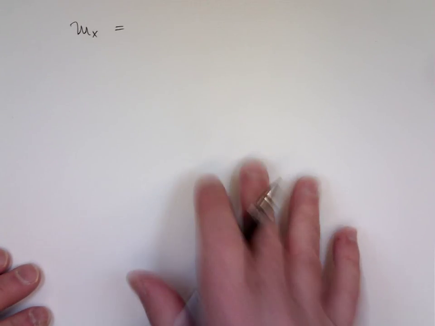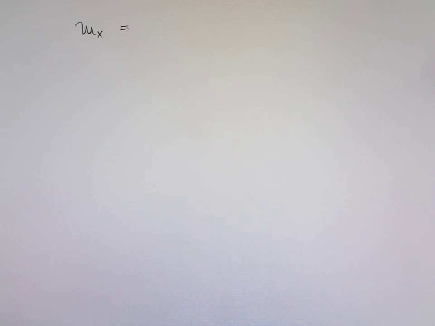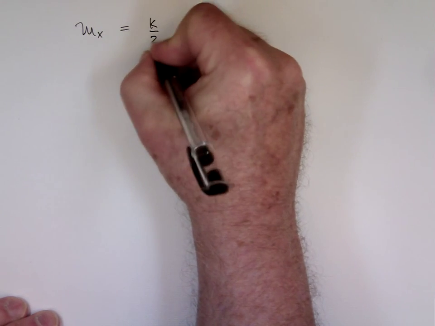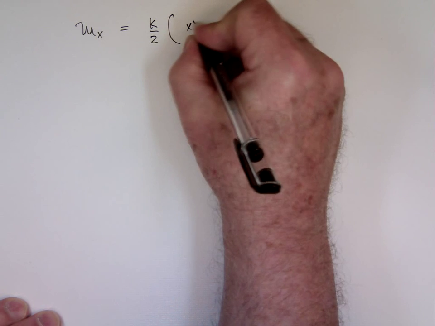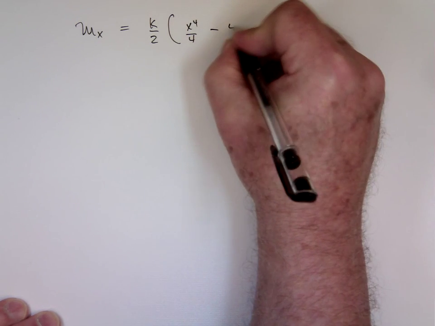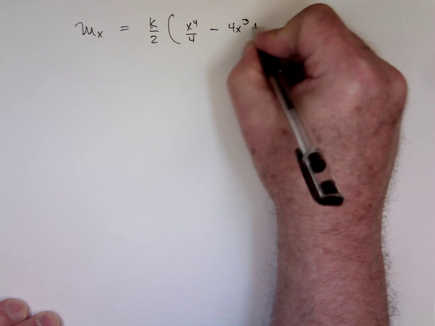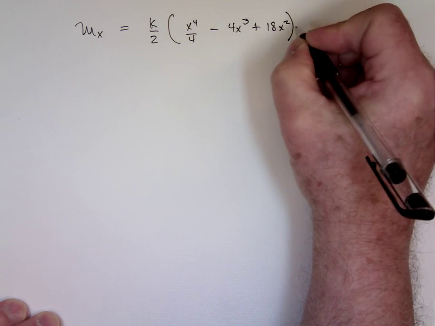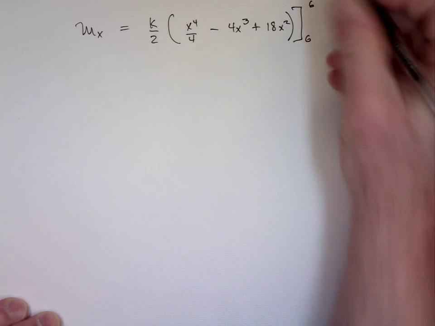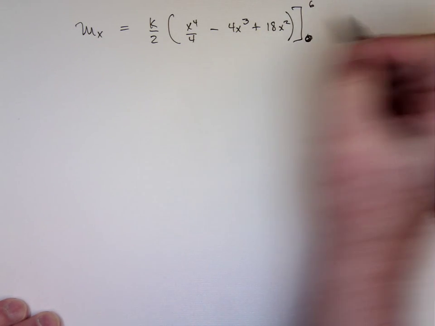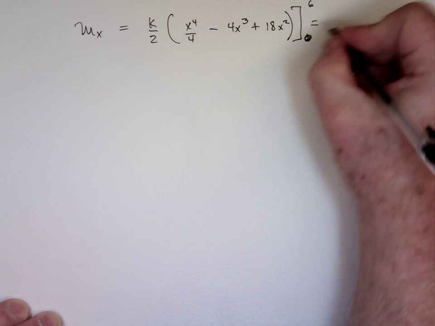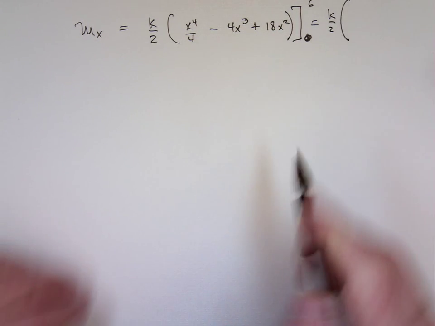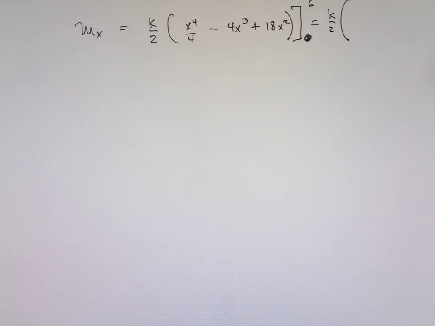Oh, man. All right, let's integrate this with respect to x. We're going to have x to the fourth over 4, 12x cubed over 3, 36x squared over 2. 0, 6. Okay, 0, 6 there. That's equal to 6 to the fourth. Okay, well, 6 to the fourth is 1296, I guess?